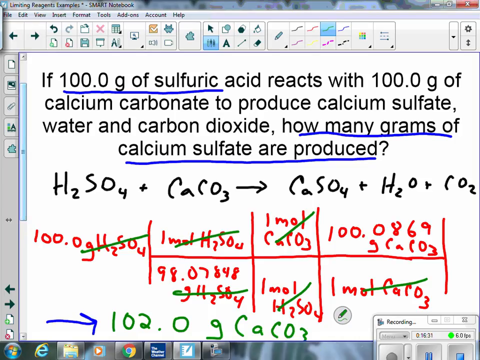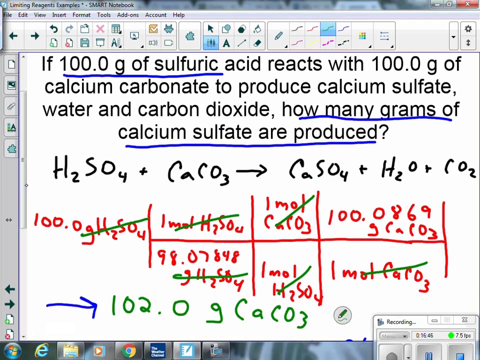When I started this whole problem, I had 100 grams of sulfuric acid and I had 100 grams of calcium carbonate. In order to react with all of the 100 grams of sulfuric acid, I needed 102 grams of calcium carbonate.